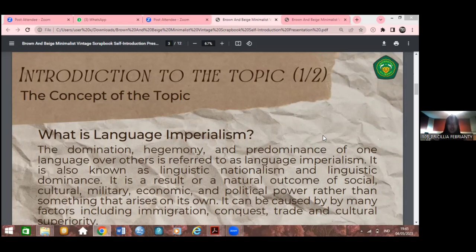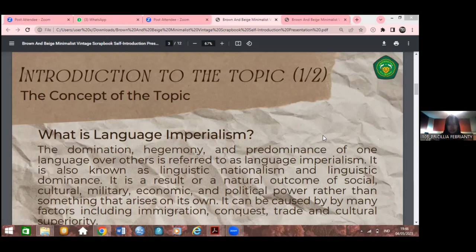It is such a broad idea that encompasses everything from imposing one language through conquest and occupation on others to the dissemination of cultural values and ways of thinking through language instruction. It is a result or a natural outcome of social, cultural, military, economic, and political power rather than something that arises on its own.